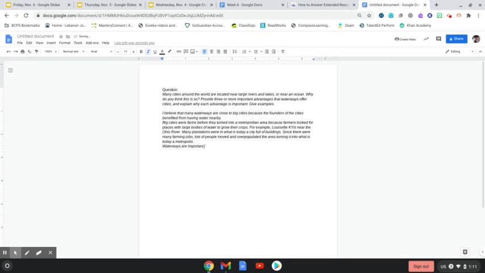So, waterways are important to how cities come about because they provide a way for food, which allows for more farming to happen, and then more jobs are created, which in the end create high populations in a place.